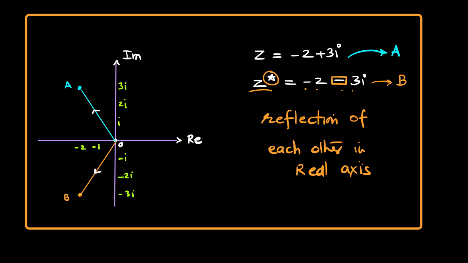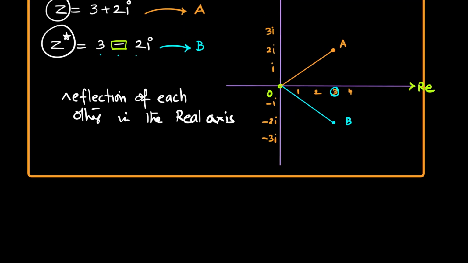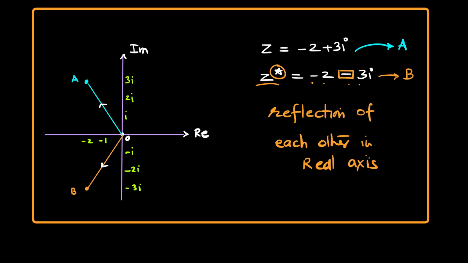It does not make a difference which quadrant they belong to. A is in the second quadrant, its reflection is in the third quadrant. Similarly, in the previous example, A was in the first quadrant, its reflection is in the fourth quadrant. It could be in the second quadrant, its reflection will be in the third quadrant. Again, over here, the original complex number could be in the third quadrant, its reflection will be in the second quadrant.